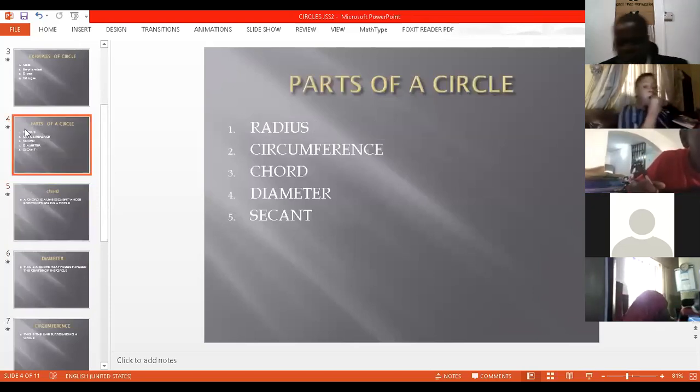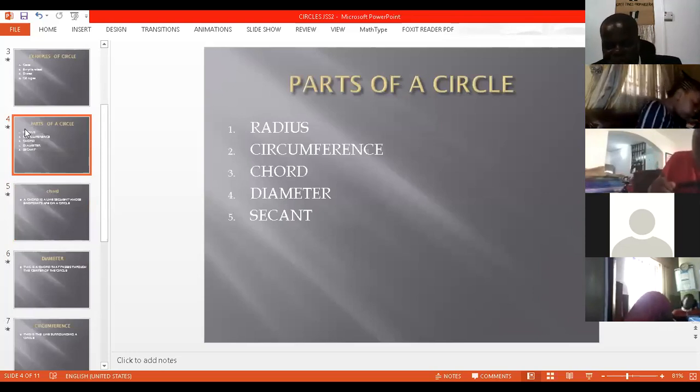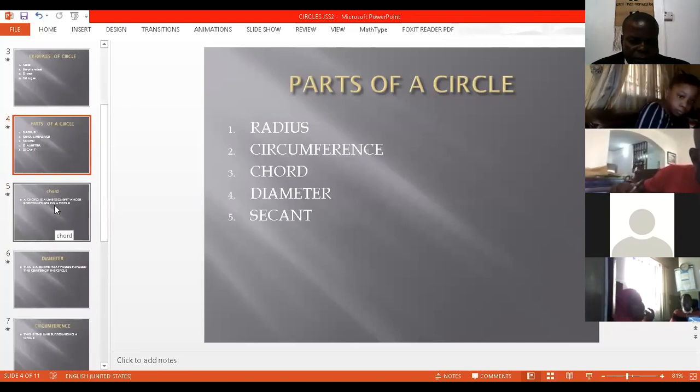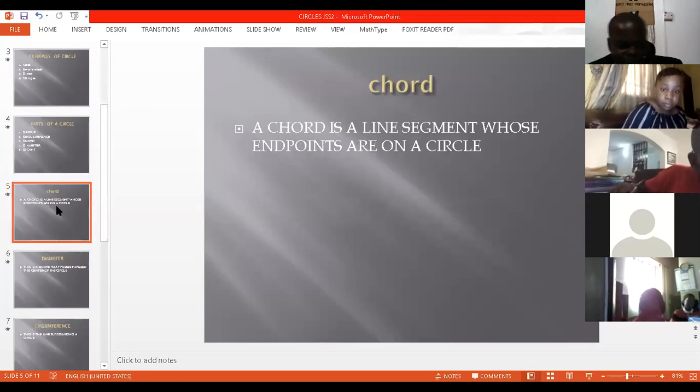Parts of a circle, okay? You need to move fast. If you are done, just type in yes. Chord is a line segment whose endpoints are on a circle.